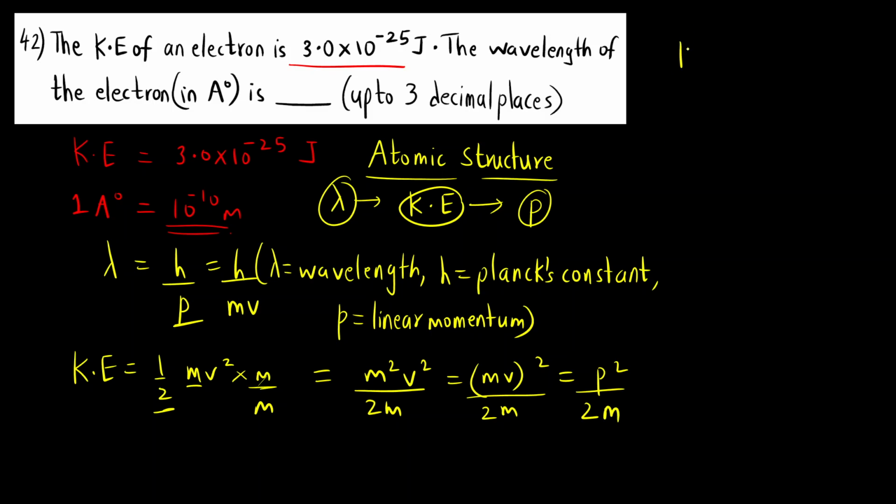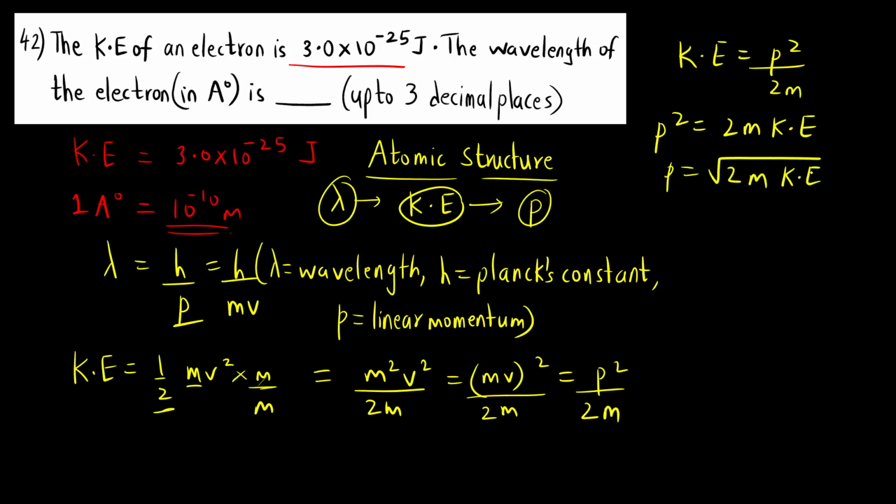So the final relation is kinetic energy is p square by 2m. What will be linear momentum? P square is equal to 2m kinetic energy. P will be root of 2 into m into kinetic energy.